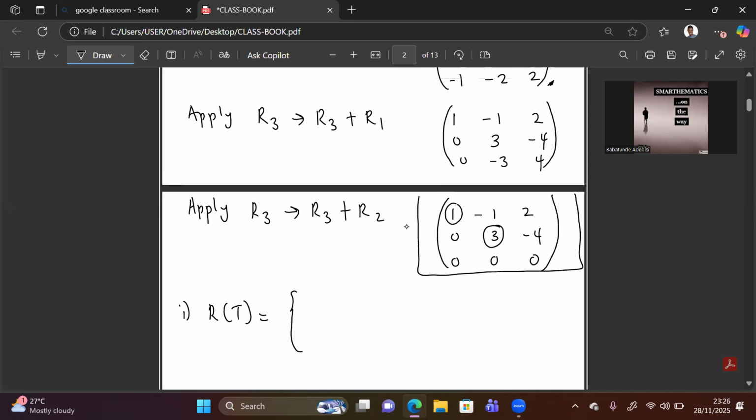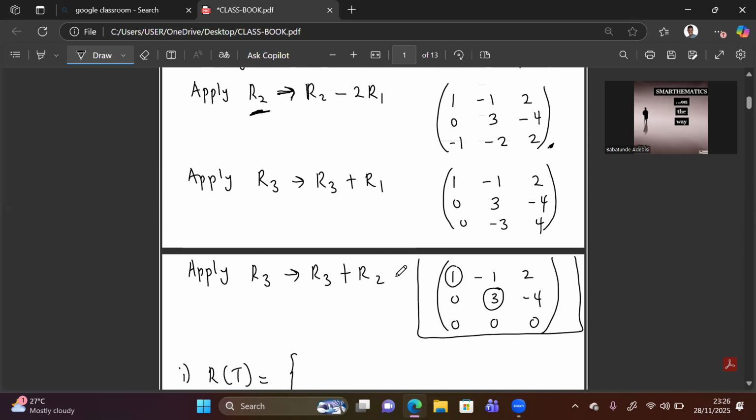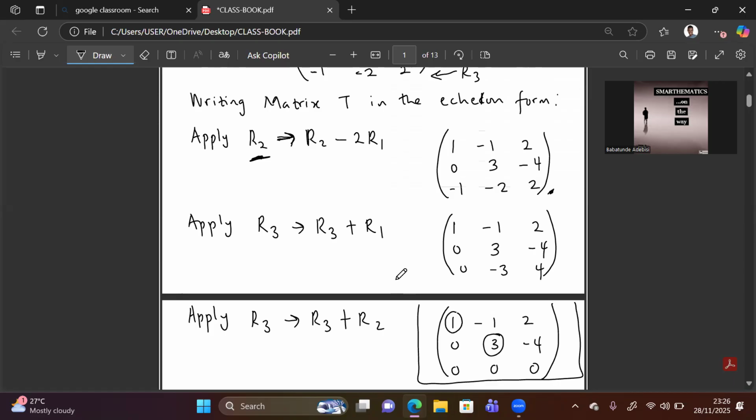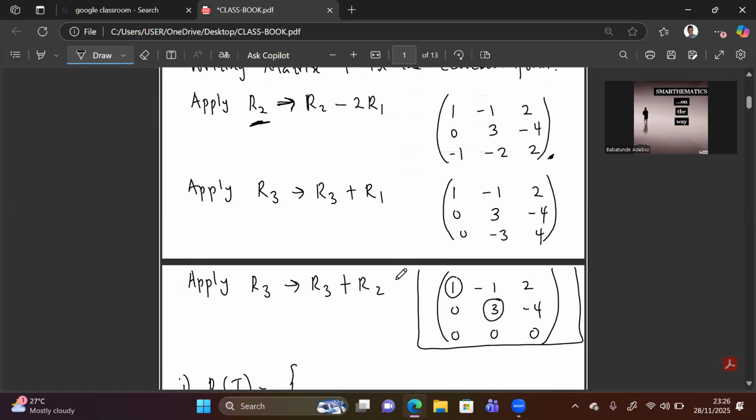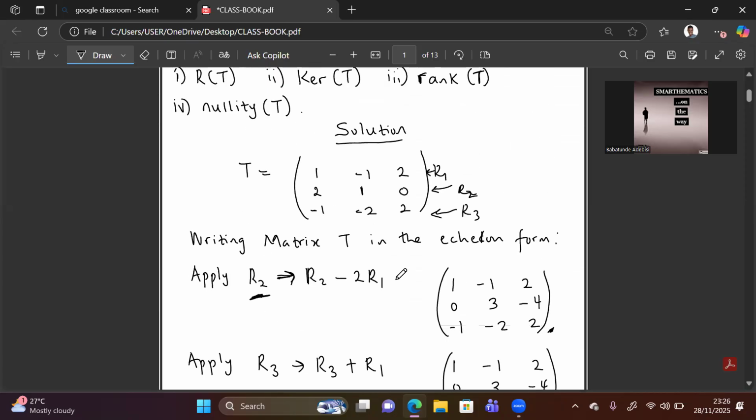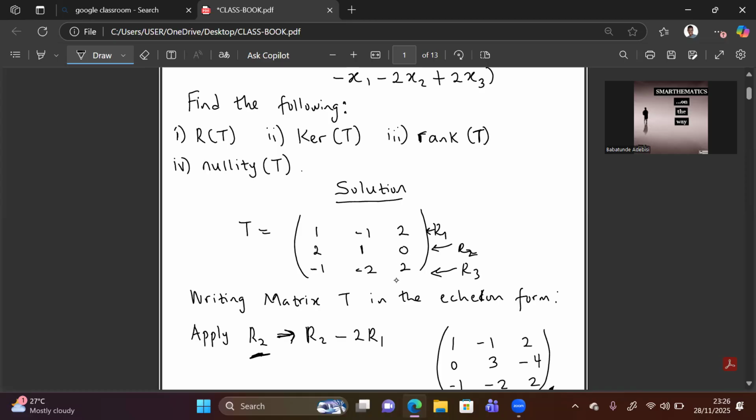So we go back to the original matrix. We see that our leading entries are from the first column and the second column. So from the original matrix T, we will consider the first column and the second column.